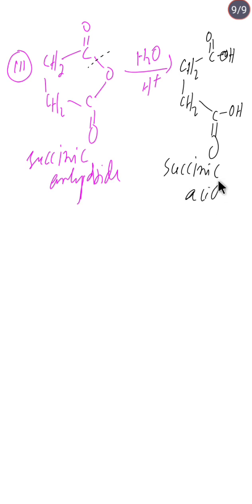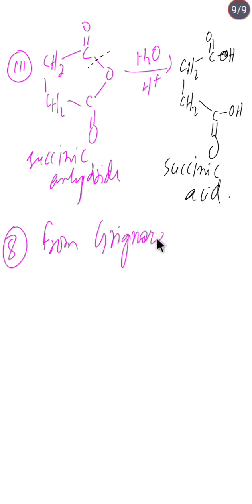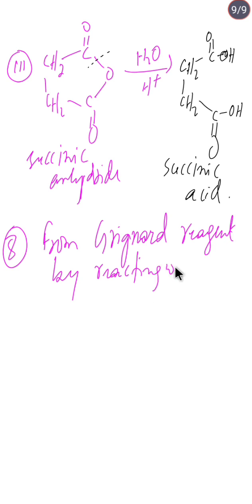Succinic acid. Okay. The last preparation of carboxylic acid is from Grignard reagent by reacting with carbon dioxide.